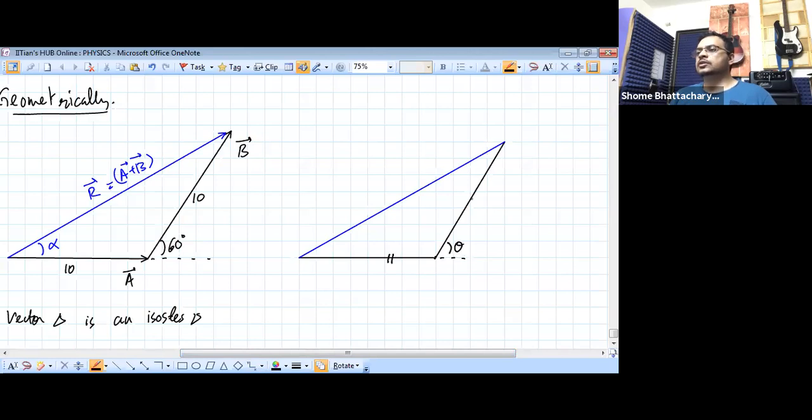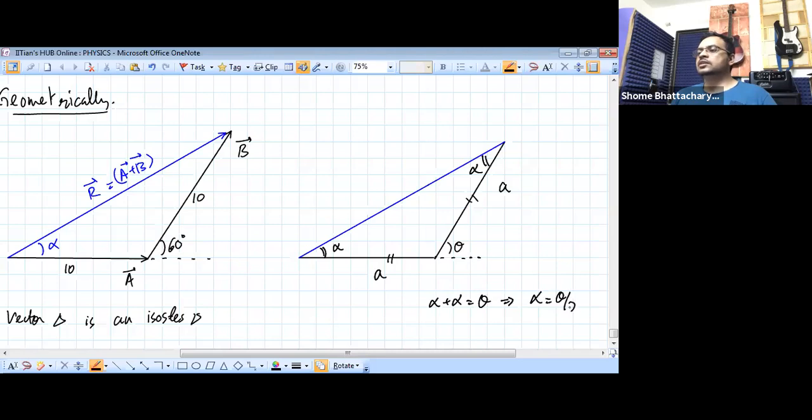If this side is equal to this side, and they are both, suppose, x in length, or let's say they are some a in length, then this angle will become equal to this angle. Okay. And the sum of those two angles will be equal to the opposite exterior angle.